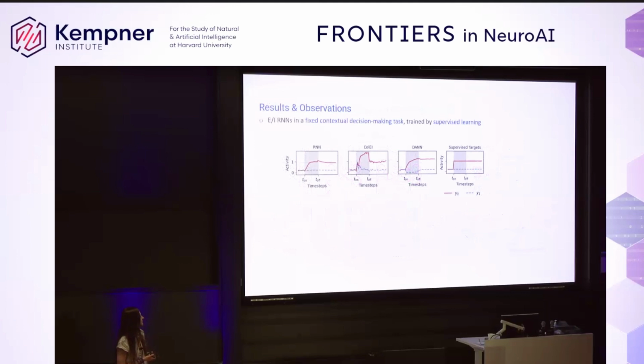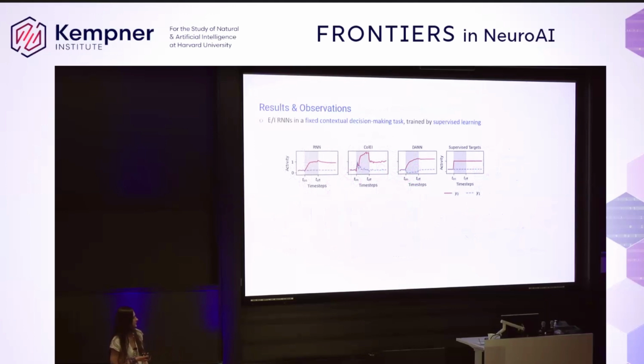So we test these networks first in a fixed contextual decision-making task by supervised learning, where the networks are trained to integrate an ambiguous input signal, the gray area, and then raise one of the two arms of a two-choice bandit, corresponding to the input that they receive. And then they're trained to maintain that performance after the stimulus has ended.